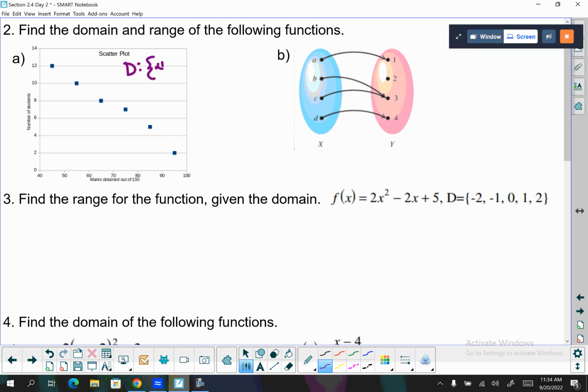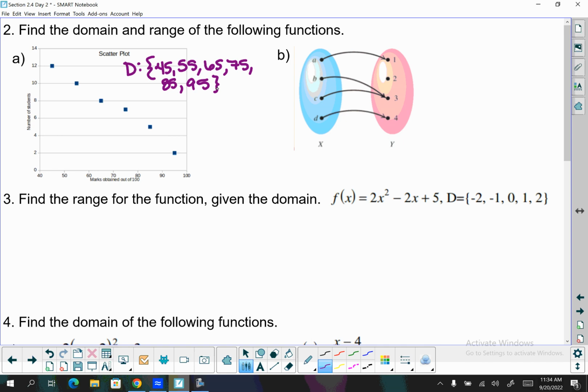And it looks like it's just 45, 55, 65, 75, 85, 95. Notice I'm using those squiggly brackets just to show that it's independent. Now you could list it like that, or you could list squiggly brackets around the 45 and then union, and then squiggly brackets around the 55 and then union, but this is a little more condensed, so we'll usually do this.